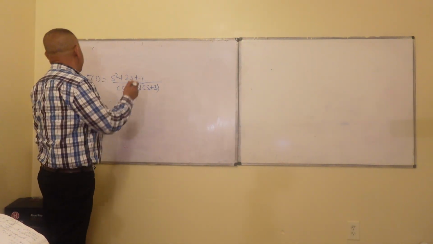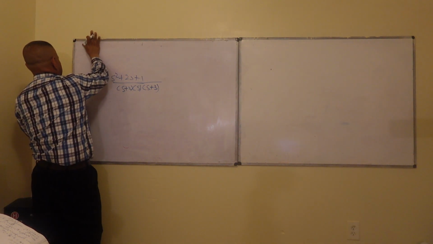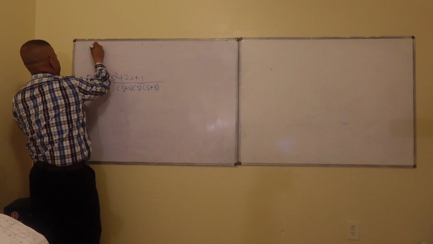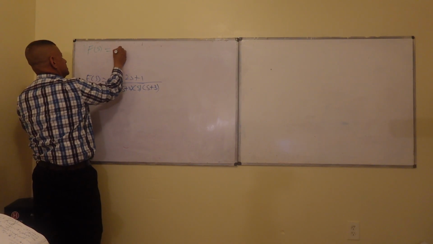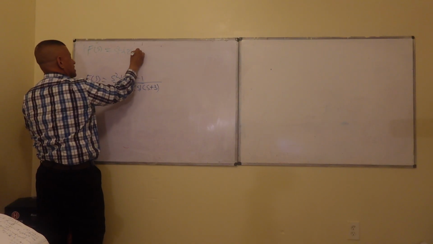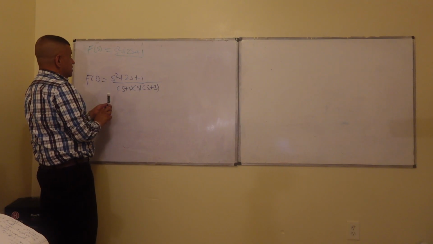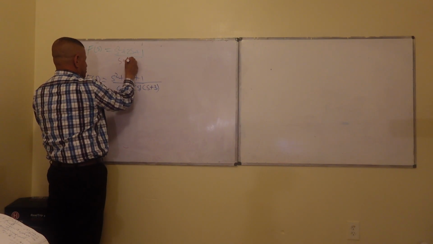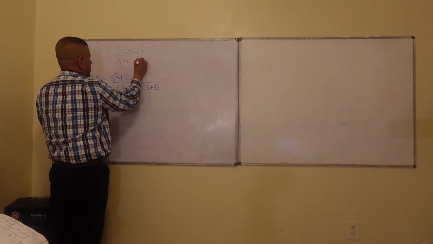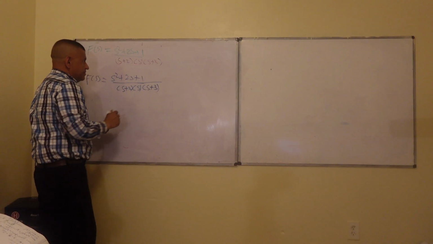Let's copy that on the top: F of s equals s squared plus 2s plus 1 over s plus 2 times s times s plus 3.